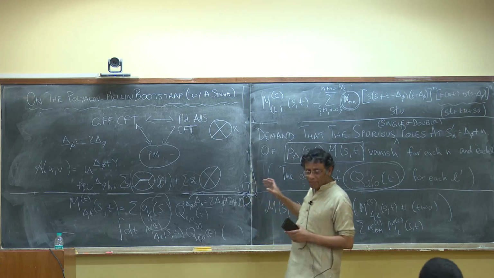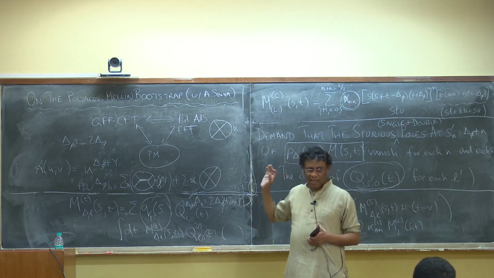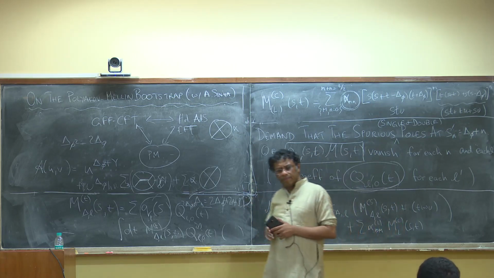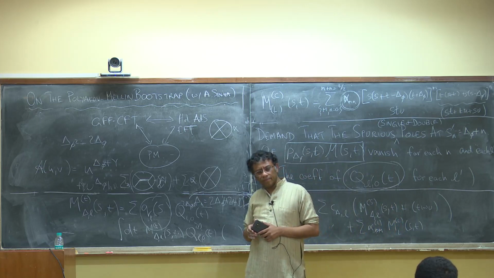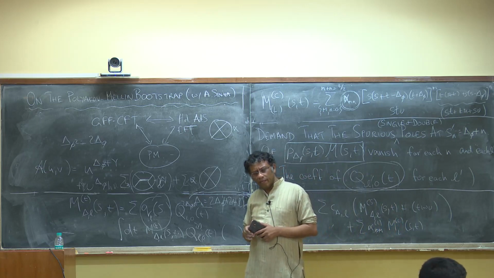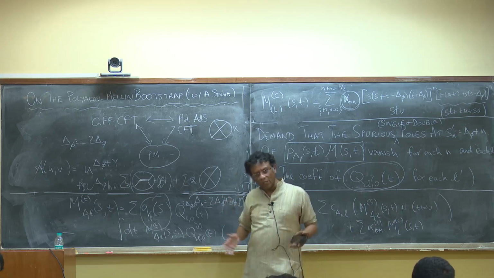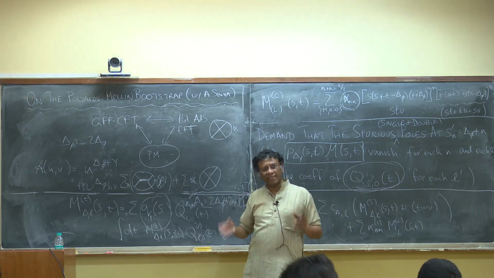The contact terms don't have any poles. I mean, they contribute to the spurious poles. All terms contribute to the spurious poles: contact, exchange, everything.